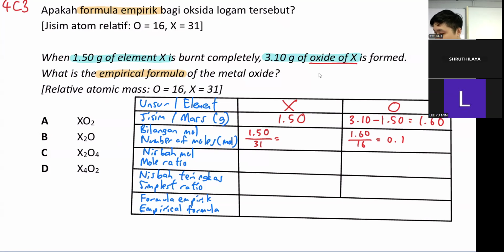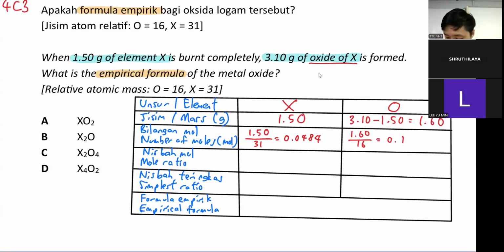1.5 divide 31, you will get 0.0483, 0.0484 after rounding off. I always divide by the smaller one. Of course 0.048 is smaller than 0.1.